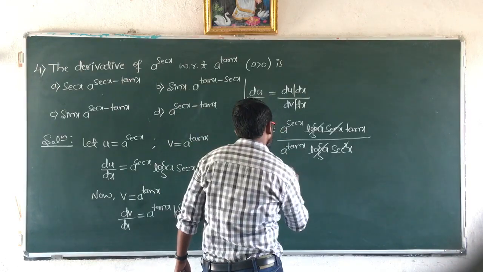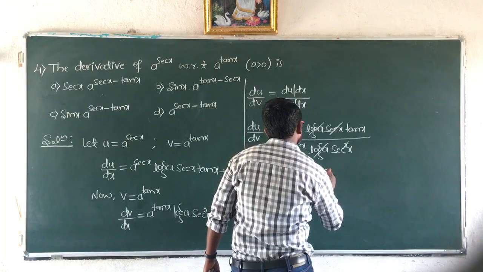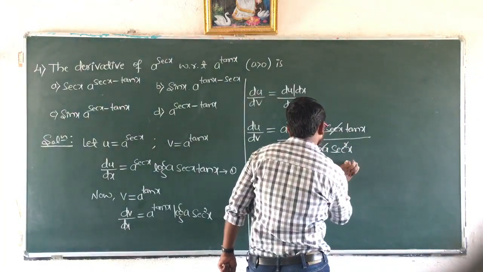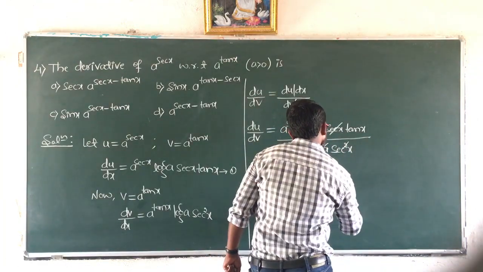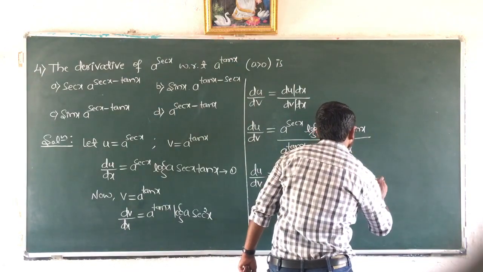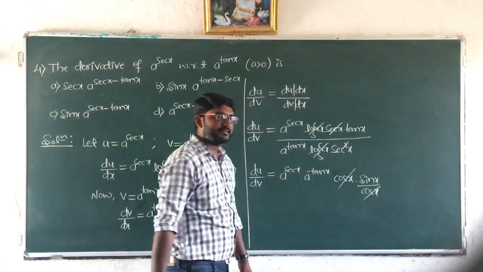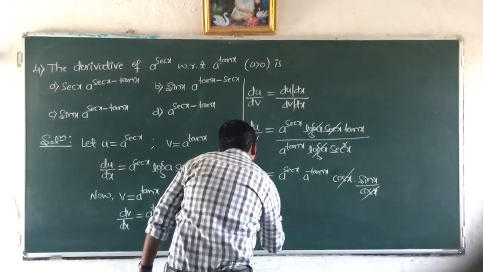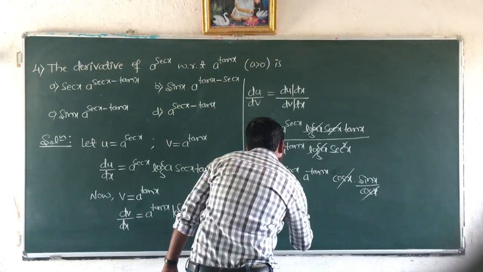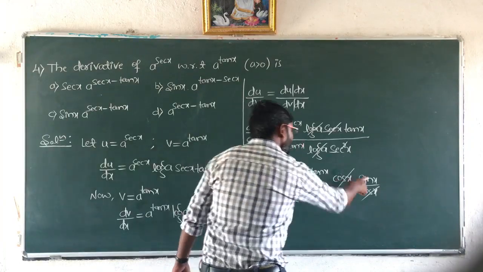So a raised to secant x into a raised to minus tan x, and then 1 by secant x can be written as cos x, into tan x written as sin x by cos x. Now cos x and cos x get cancelled. So du by dv is equal to a raised to secant x minus tan x into sin x.